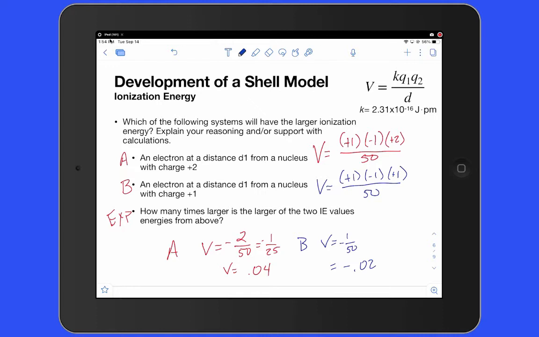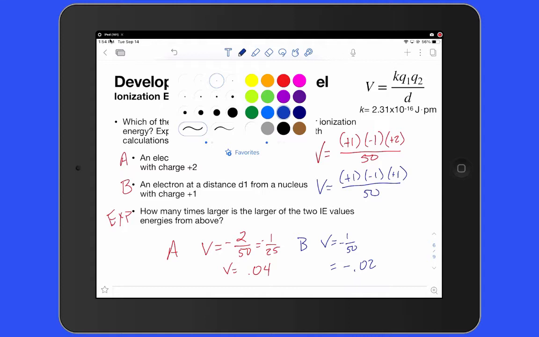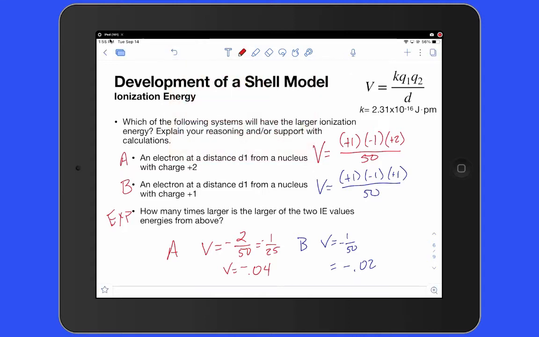Which of those two values, Eli, is going to be the larger attraction? A. But you said it was going to be what? B, yeah, I was mixed. That's why I said you had the right explanation. It is going to be 2 times larger, but it's going to be A because it's got the larger charge.